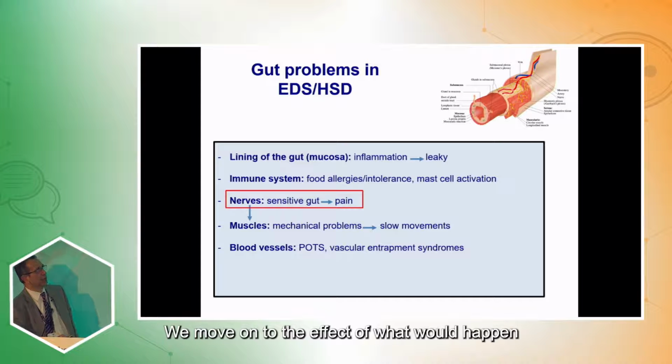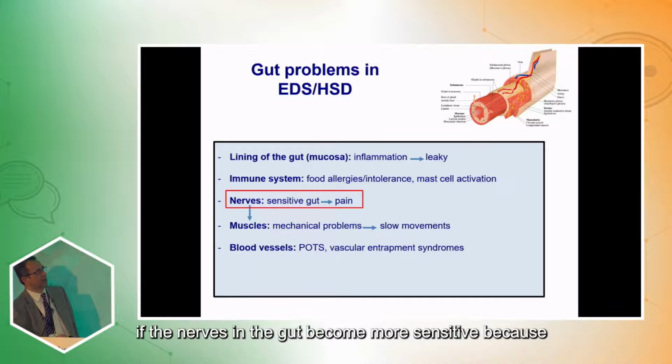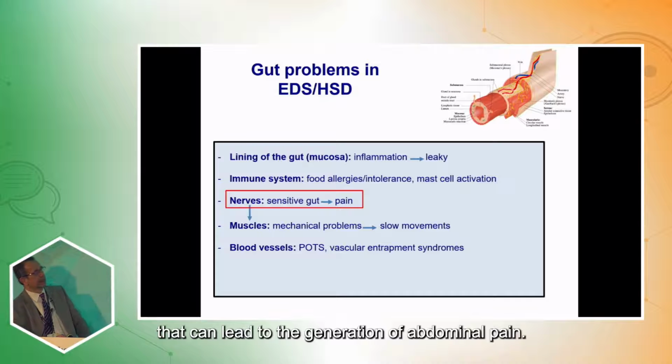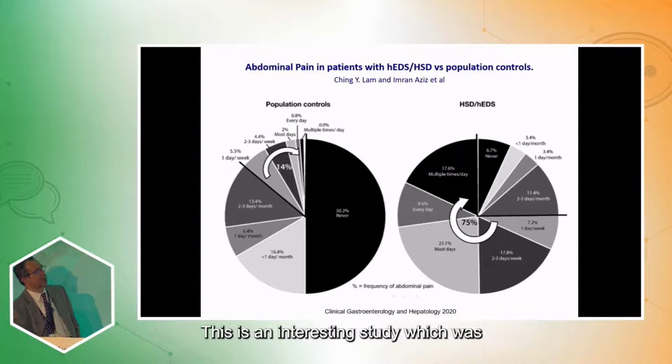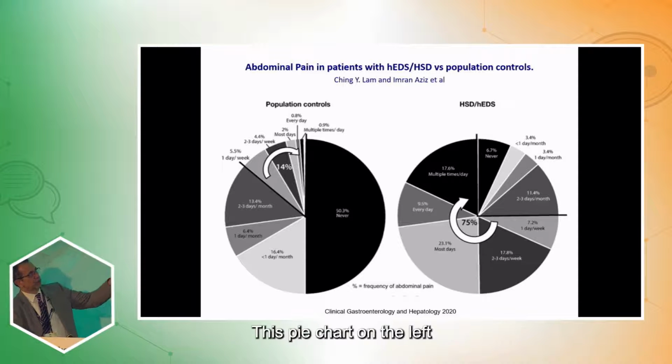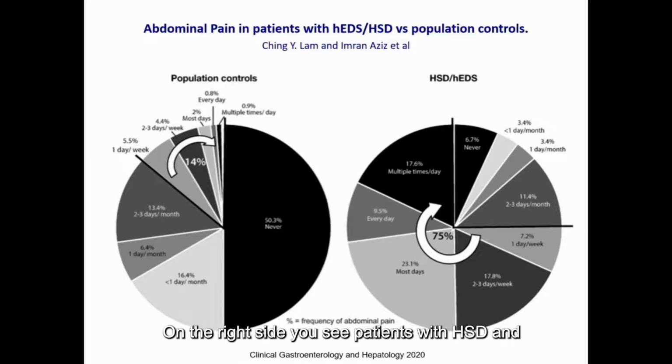We move on to what would happen if the nerves in the gut become more sensitive, because that can lead to the generation of abdominal pain. This is an interesting study which was done to look at abdominal pain in patients with hEDS and HSD versus the population. This pie chart on the left-hand side is the population controls. On the right side, you see patients with HSD and hEDS.